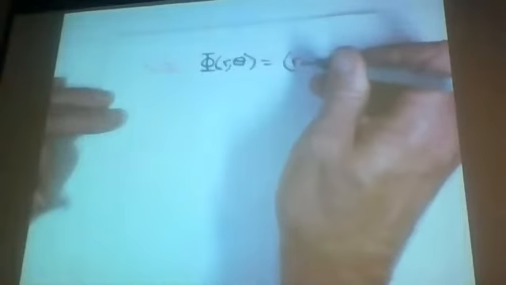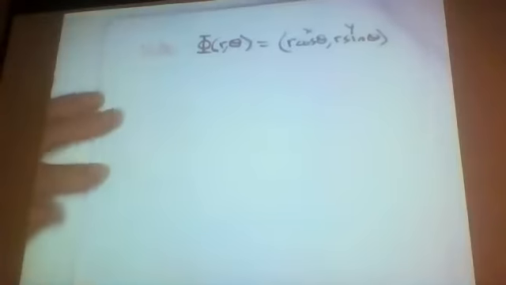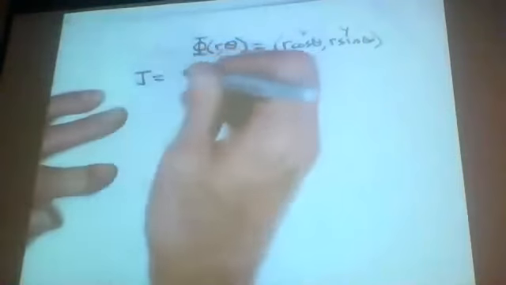x and y are equal to r cosine theta and r sine theta. That is, if this is x and this is y, we have a coordinate transformation. What is the Jacobian of this coordinate transformation?